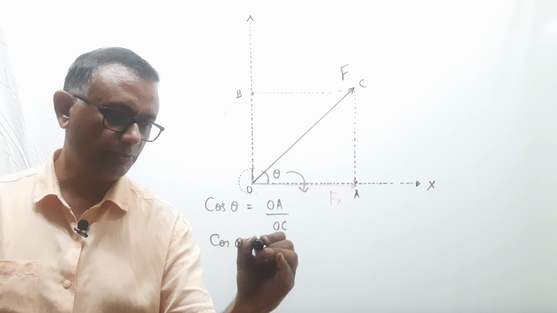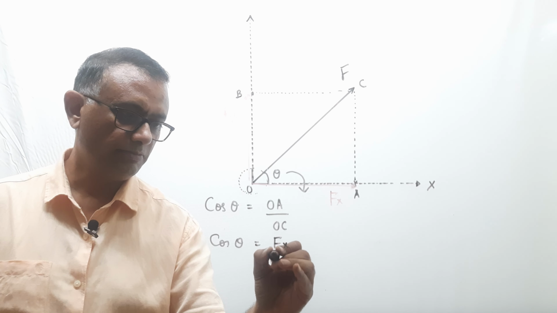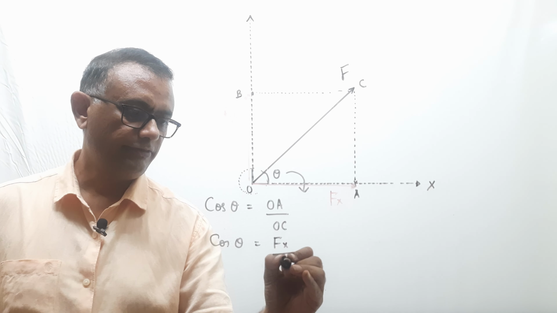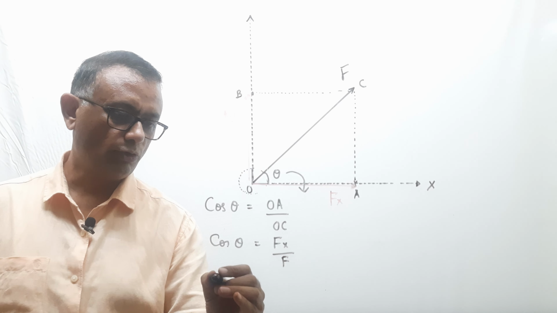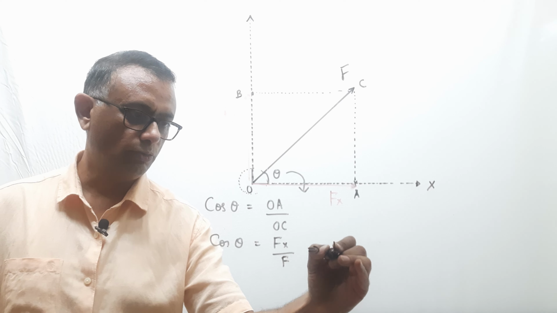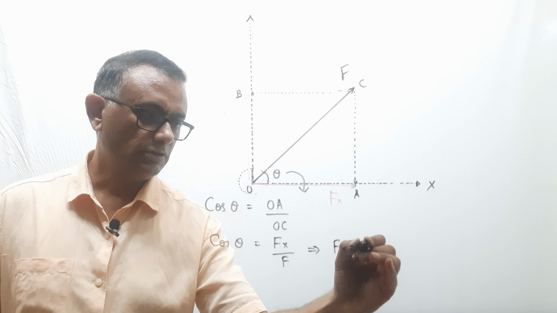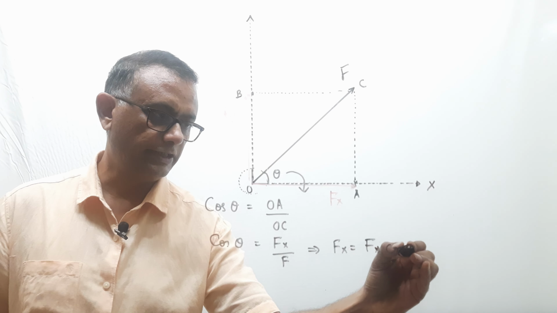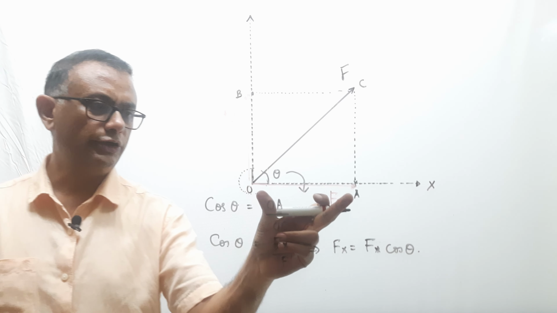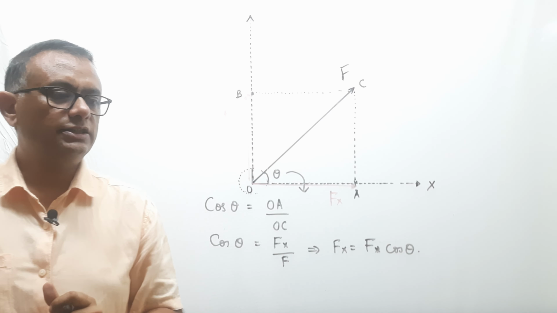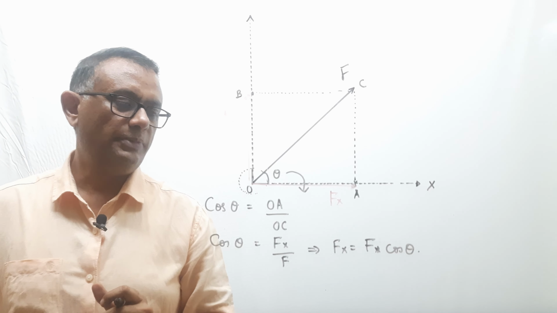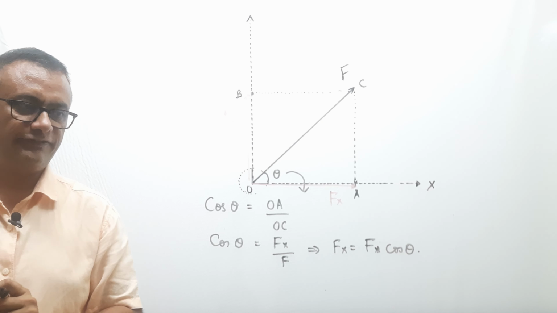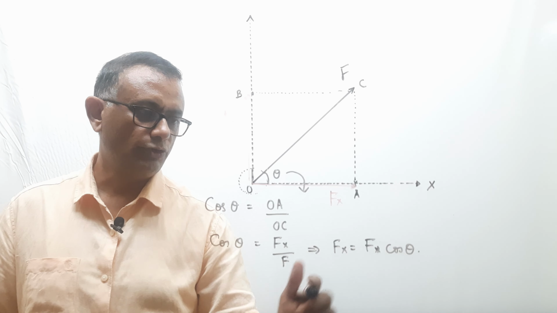So cos theta is equal to Fx by hypotenuse, which is nothing but F, okay, and therefore Fx is going to be equal to the original force F multiplied by cos theta. So we are making use of triangles and a bit of trigonometry basics in order to compute this component of force along the x-axis, Fx, as F into cos theta.